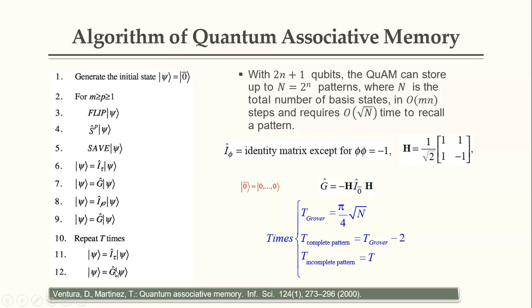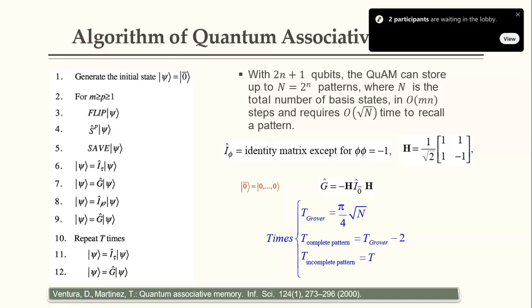Then this will be repeated multiple times, t times. This G operator applied to |psi> is the quantum operator, a transformation or gate applied to the quantum state psi. This step updates the state by modifying it with gate G, possibly encoding or processing the memory further.